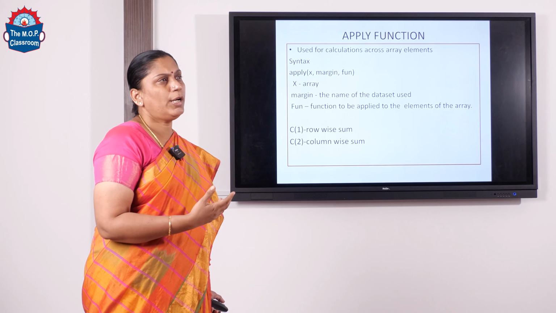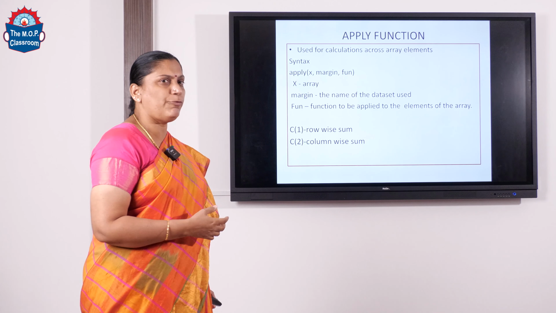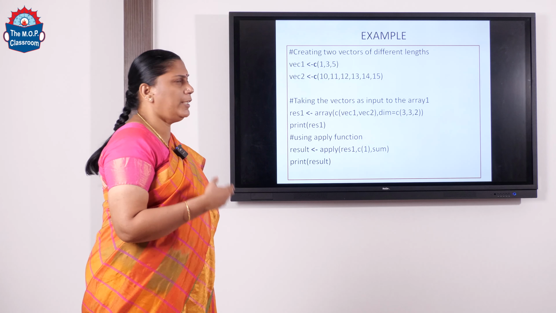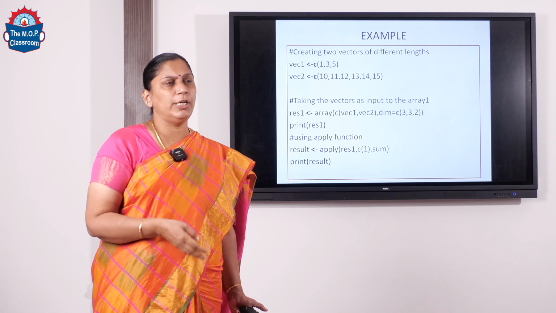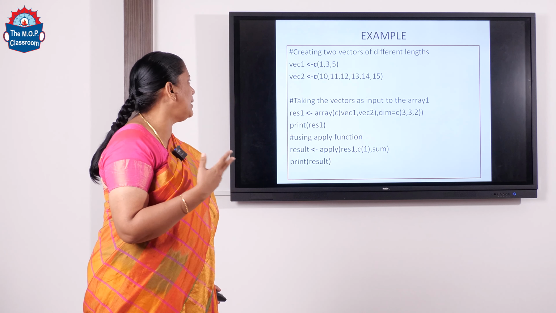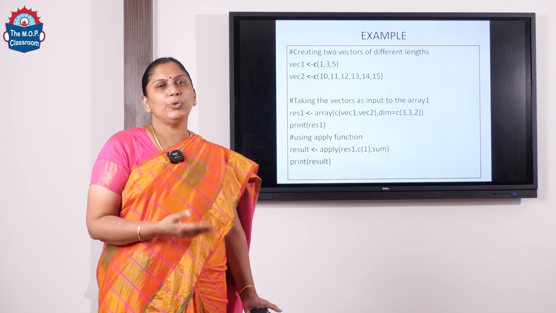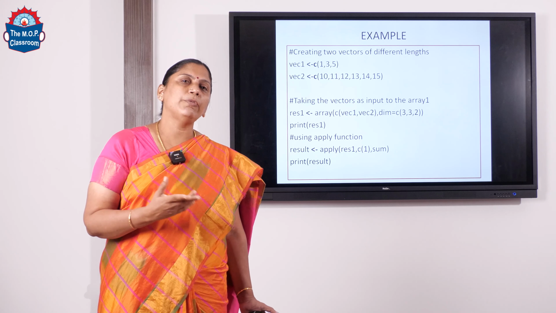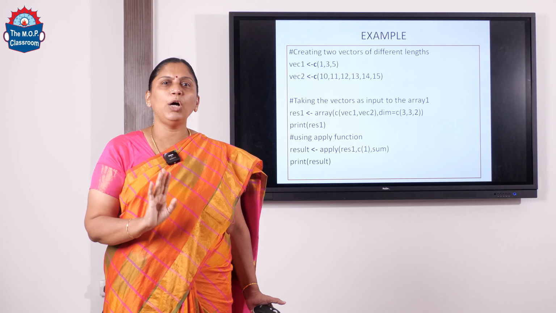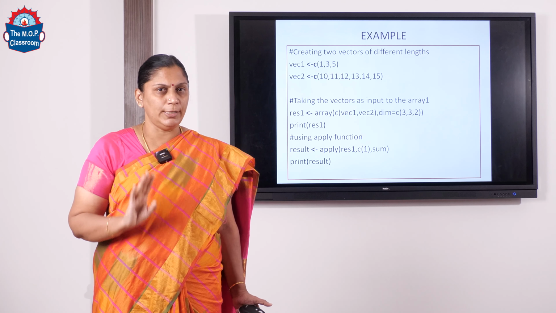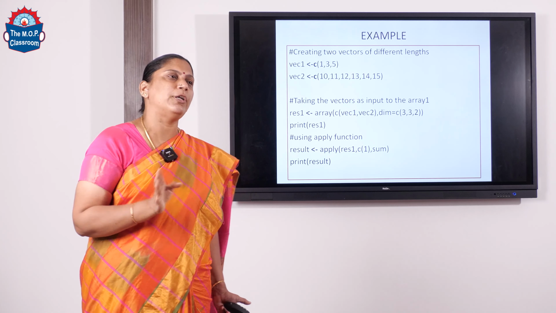Now let us look at this example to understand the apply function in a better manner. First, we need to have an array for the apply function. So vector1 is c(1, 3, 5), vector2 is equal to, again the same kind of elements so that you can understand it better, 10, 11, 12, 13, 14, 15. So now we have 2 vectors of 2 different lengths. We are going to give these as input for an array.